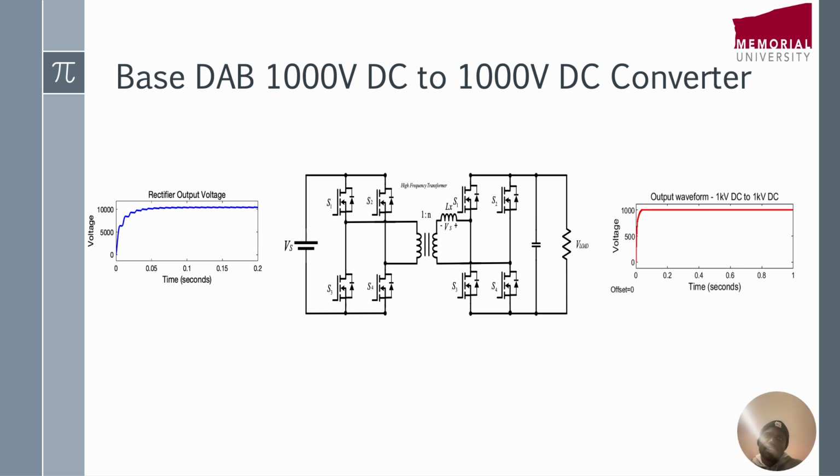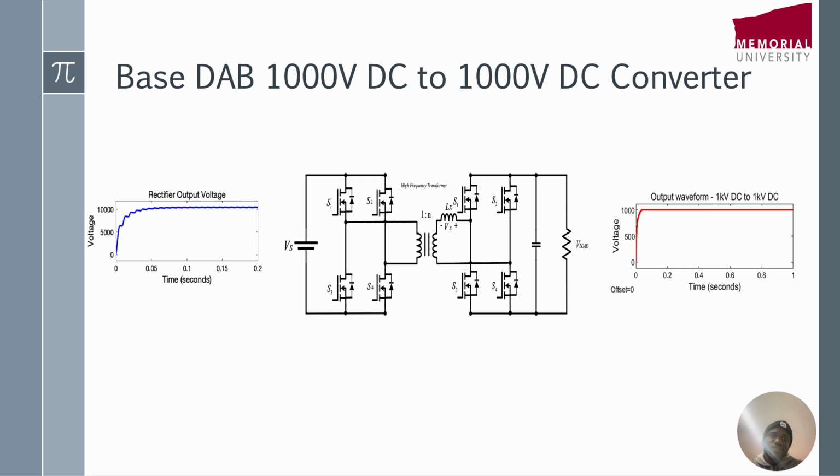This serves as the base that we use to build our multi-module converter. It can be seen that this base converter takes 1000 volts at the input and gives out 1000 volts at the output. And then we have the dual active bridge circuit.